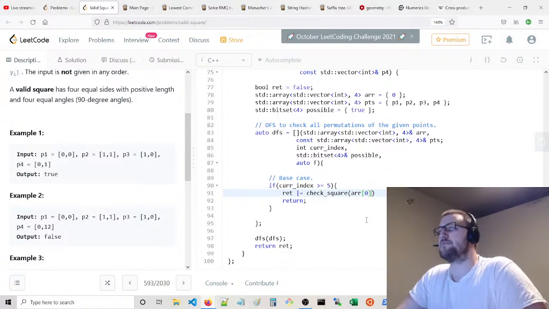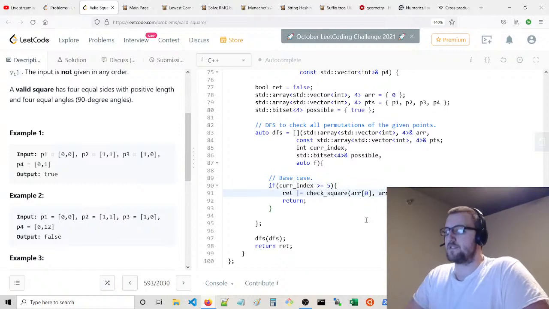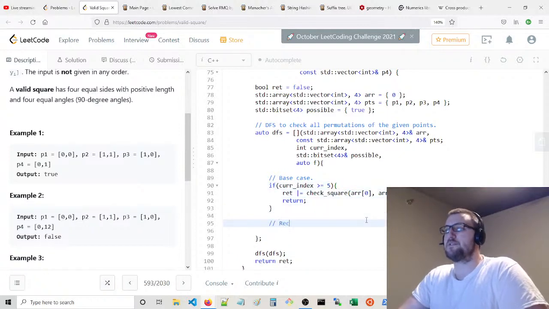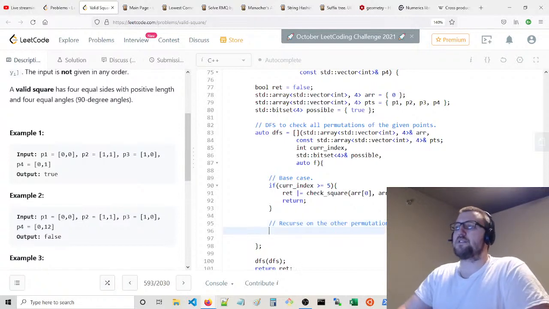Array of 0, array of 1, array of 2, array of 3, something like this. And then we want to recurse on the other permutations.